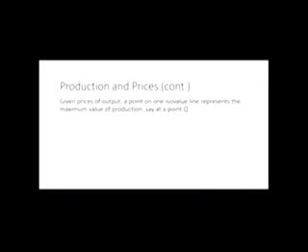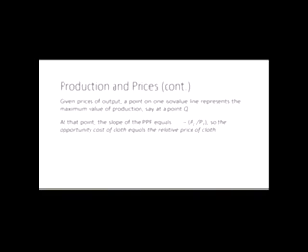The two important key points that we have studied up to this point are that a country will produce on its production possibility frontier because that is efficient production, and it will produce according to the relative prices of the two goods, that is, on the iso-value line.